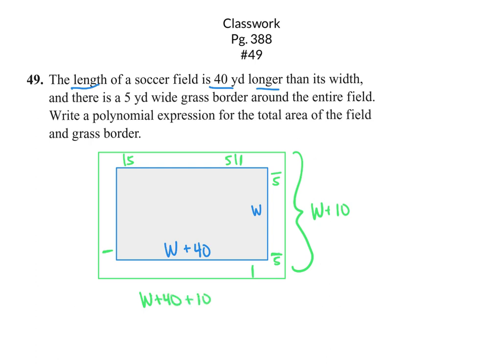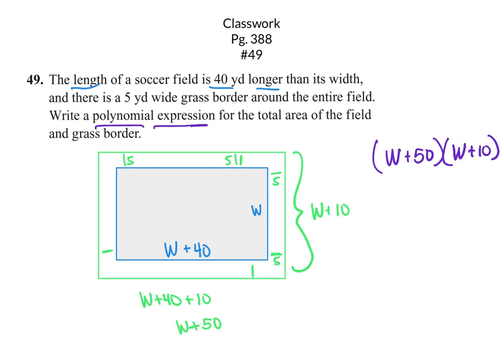So I have W plus 50. Does everybody see that? All right. And so then if they want me to actually write an expression, it's going to be the length times the width, which looks like that. So does everybody see how I set it up?